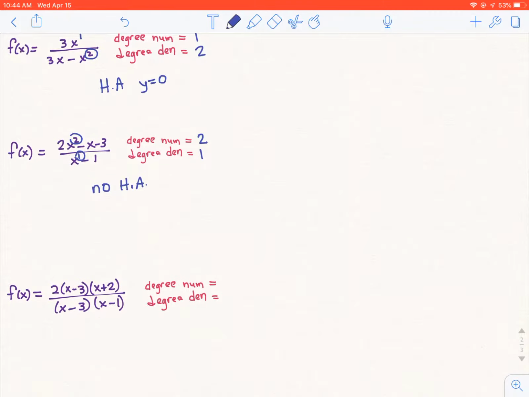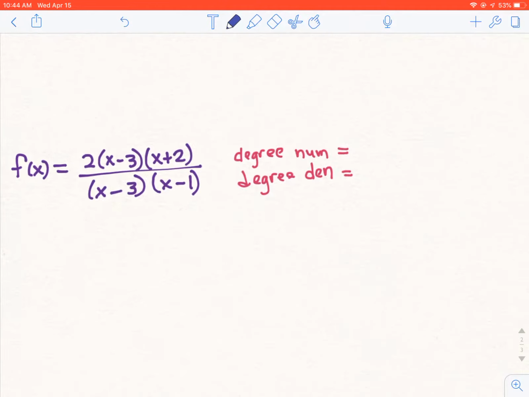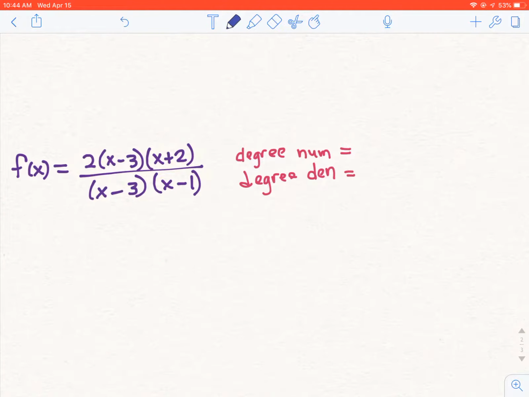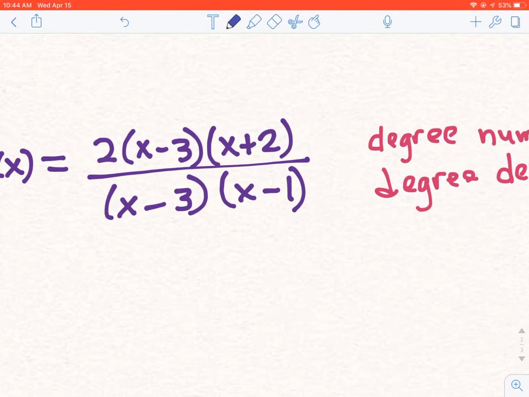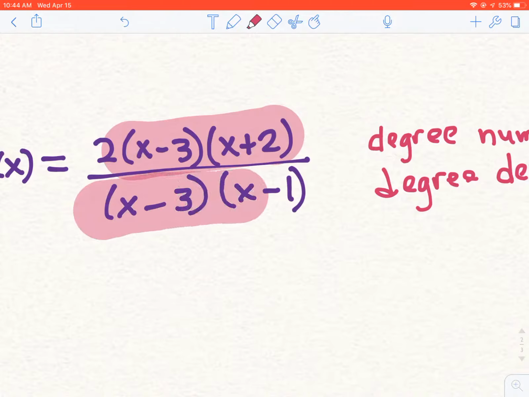Oh, and we have one more. This one is written differently. Notice in the top, if I were to multiply these two together, I'd end up with x squared and so on. And if I were to multiply these bottom two, I would get x squared and so on. So notice the degrees are the same.